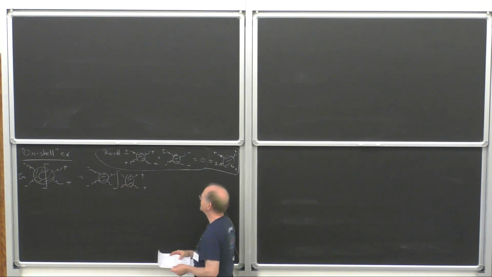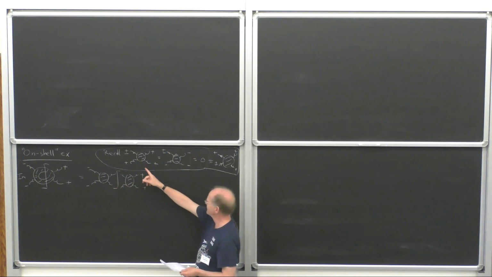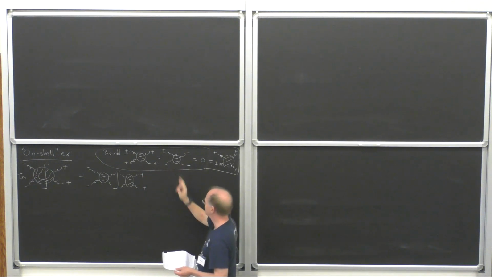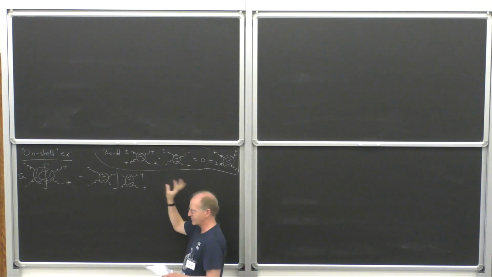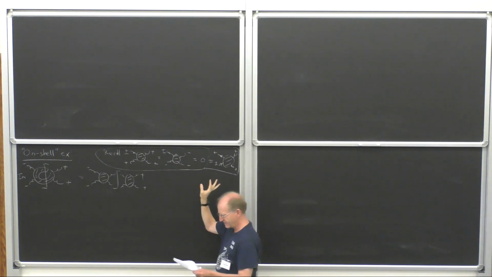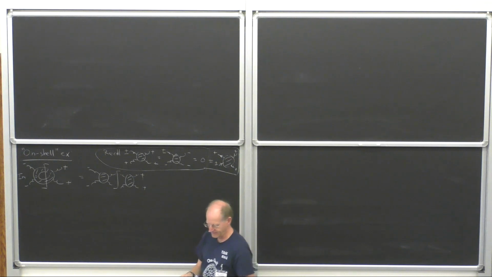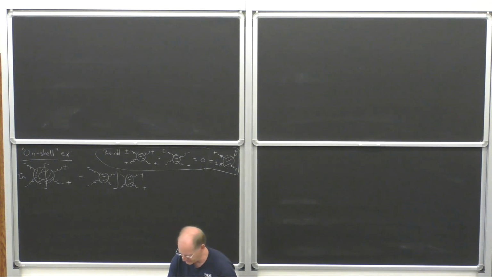So if you remember from last time, we had these properties of tree amplitudes, which I didn't really go through because I don't want to develop all of the spinor techniques here, but I just told you about them.